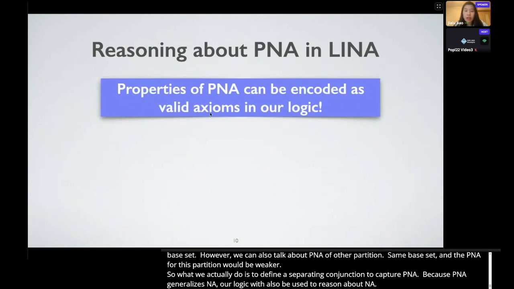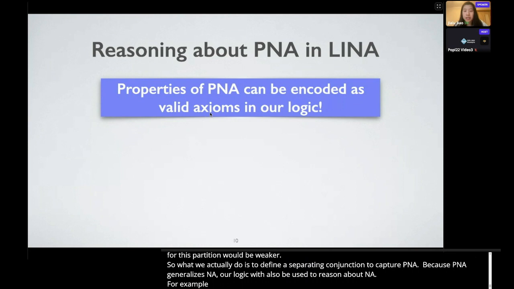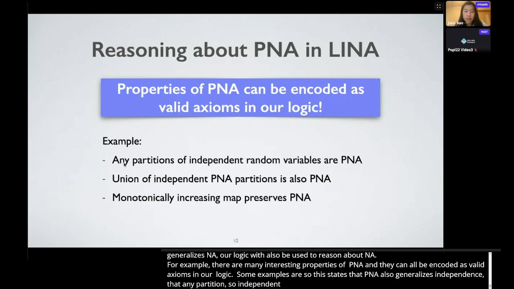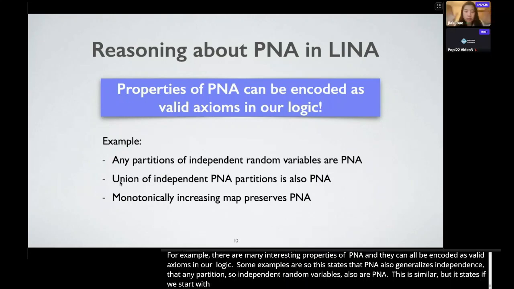There are many interesting properties of PNA, and they can all be encoded as valid axioms in our logic. Some examples: this states that PNA also generalizes independence, that any partition of independent random variables is also PNA. This is similar, but it states that if we start with two PNA partitions and take an independent union of them, the resulting partition is also PNA.